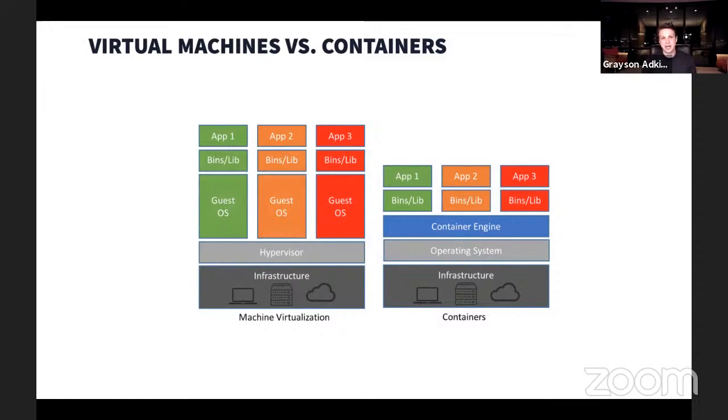On the other hand, containers actually share an operating system, and they do kernel level isolation, so it's not at the hypervisor level, and they use what's known as a container engine, most commonly Docker, to perform isolation in the packaging.